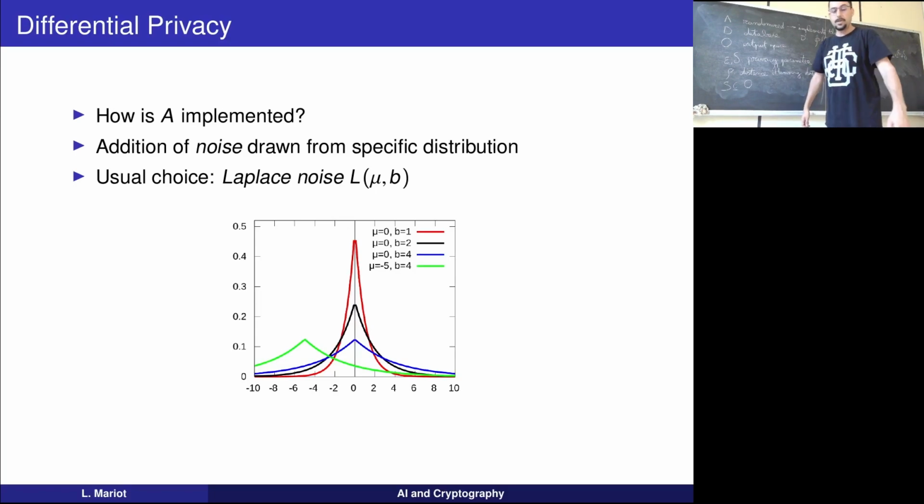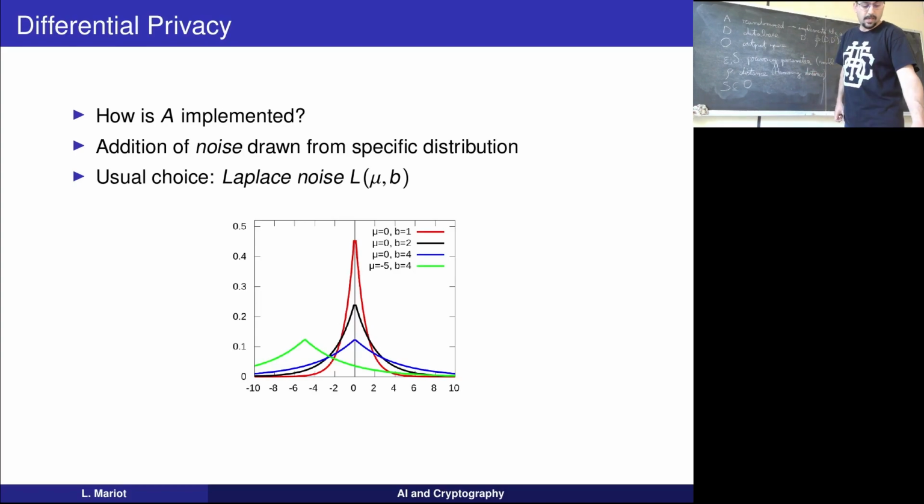We said that we need to find a way to add noise, basically to randomize the answer of our query in the algorithm. And the idea is to use what is called an optimal mechanism.